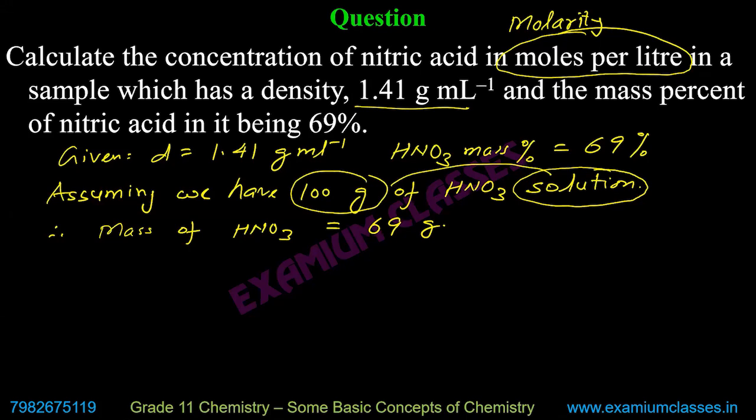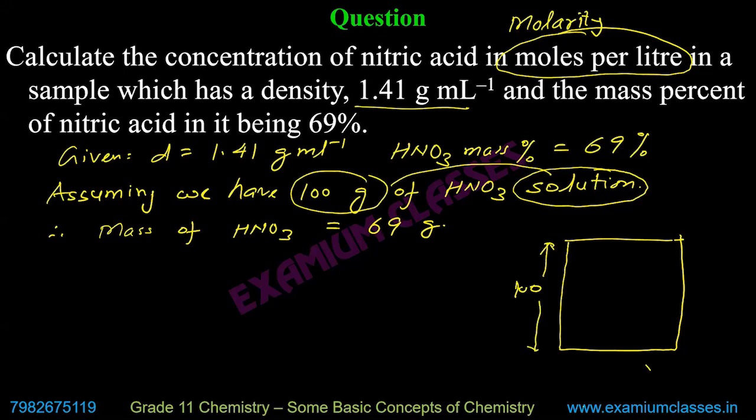Solution is not 69 grams, remember. In assignment also, a few students have made this mistake, and this is a common mistake every year if the students don't understand it. Understand it diagrammatically. You say that you have 100 grams of solution.